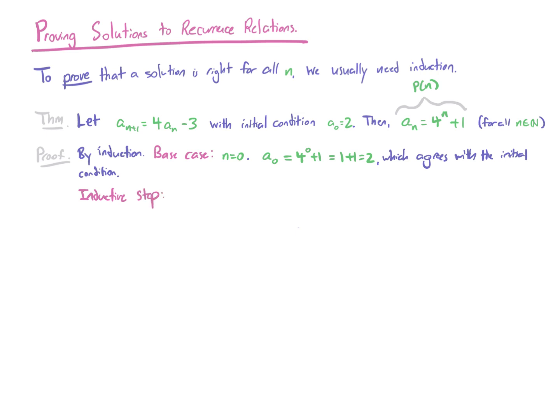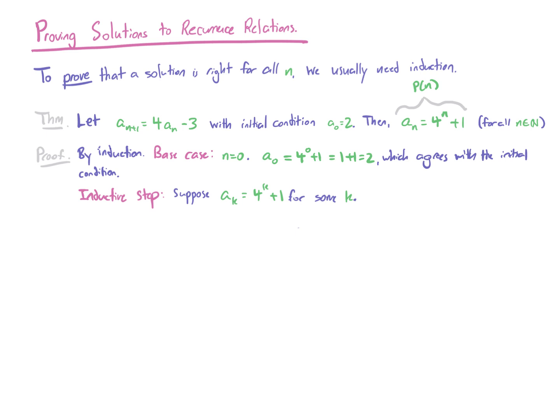For the inductive step, I'm going to suppose that P of k is true, and here, remember, P of k is this statement. So I'm going to suppose that a sub k is equal to 4 raised to the kth power plus 1 for some k.